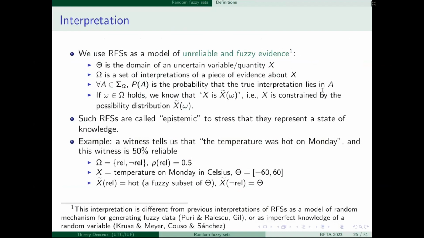You have a random experiment, and the result of that experiment is a fuzzy set. But here it's not a model of a fuzzy data generating mechanism. It's a model of knowledge. It was also used as a model of imperfect knowledge of a random variable, but here that is not the case. Here there's no random variable. There's no unknown random variable. So it's a completely different interpretation.